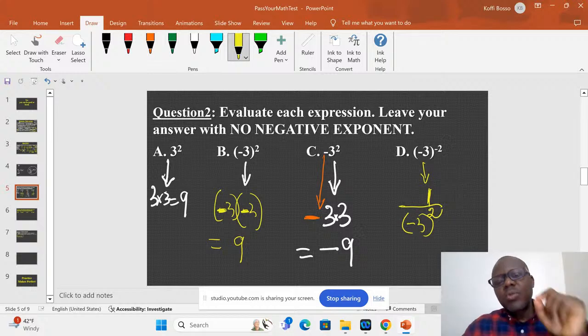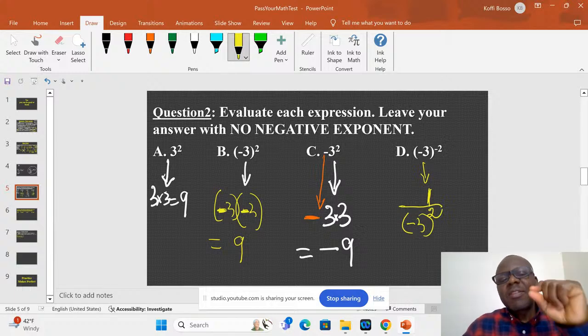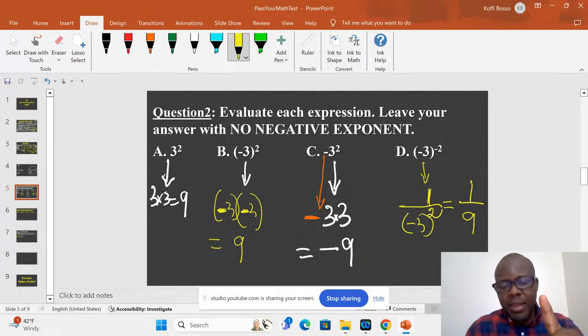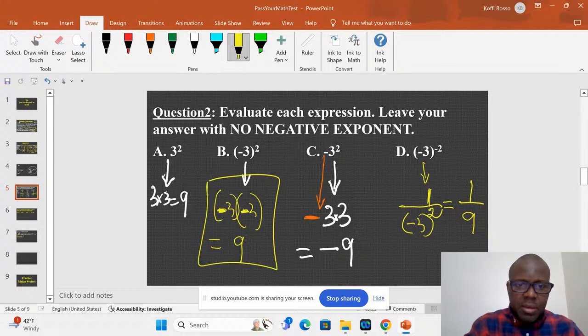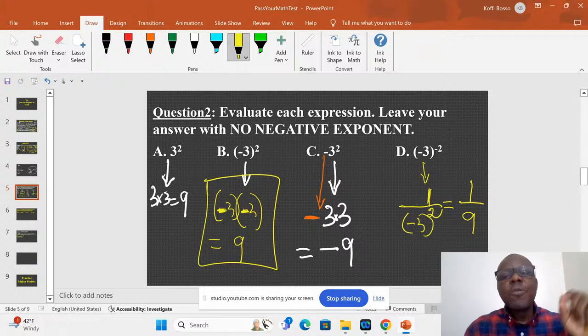What we change when we turn the expression into a fraction is the negative exponent to positive. If the base is negative, we don't change that to positive. Next, we have the same 1 in the numerator, but the denominator will be positive 9. When you have negative 3 in parentheses squared, we take that negative 3 and multiply it by itself 2 times. So the answer for D is 1 over 9.